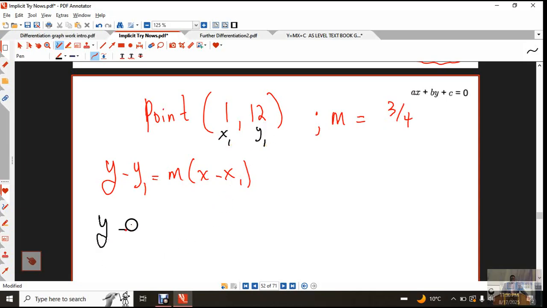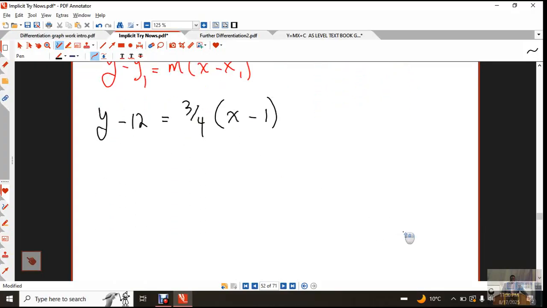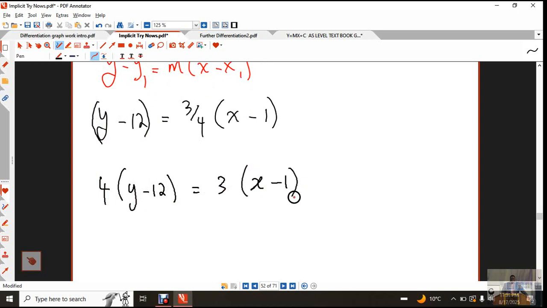So y minus 1/2 is equal to the gradient, which is 3/4, and then x minus 1. Of course, you can put the y minus 1/2 in brackets and multiply that by that 4. Y minus 1/2 is equal to that, and that is 3, and then x minus 1.